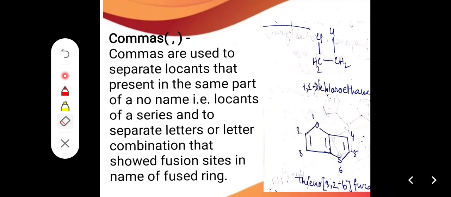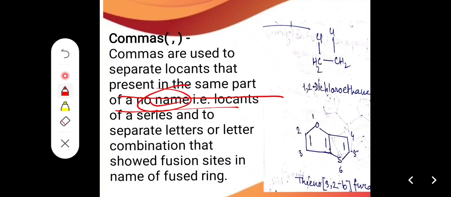So this is the significance of the comma. Commas are used to separate locants that are present in the same part of a compound. This is not a name, this is a compound, and locants of a series, and to separate letters or letter combinations, maybe letters A, B, C, D, or maybe 1, 2, 3, 4, maybe alpha, beta, gamma.